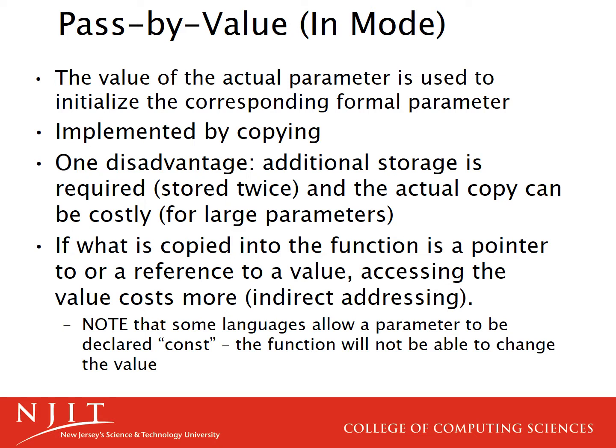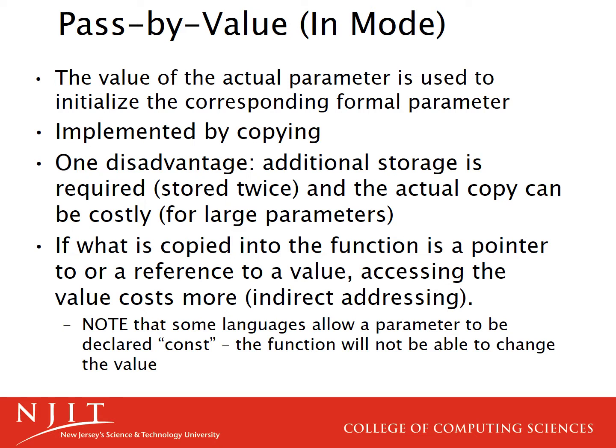So if I'm copying values into a function and the thing that I'm copying is huge, it's probably smarter for me to copy a reference to that big thing rather than the thing itself, because the amount of memory needed for the reference is almost certainly smaller.